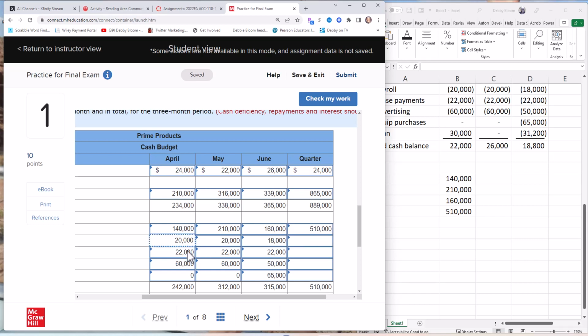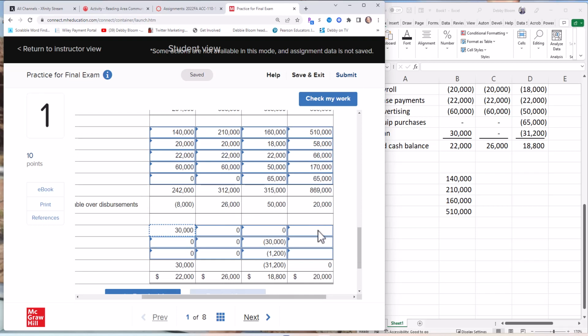Now the next line, when I add 20, 20, and 18, I'm going to get 58,000. If I add 22 plus 22 plus 22, I get 66,000. If I add 60 plus 60 plus 50, I get $170,000. 0 plus 0 plus 65,000 is relatively easy, 65,000.